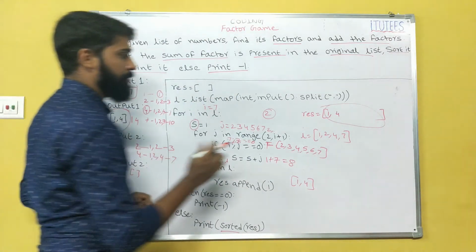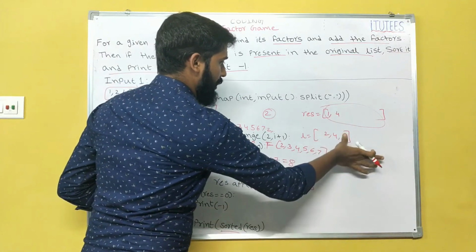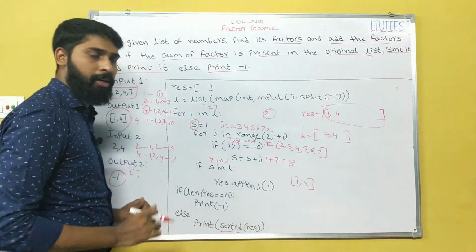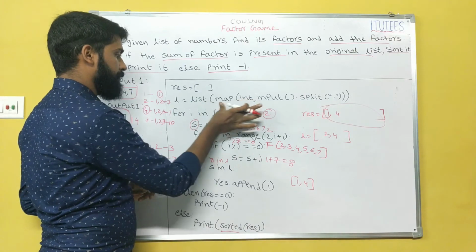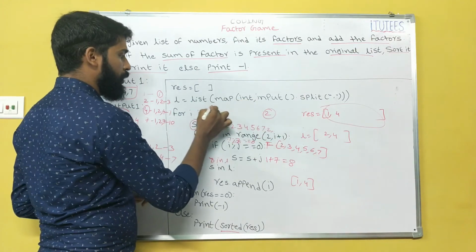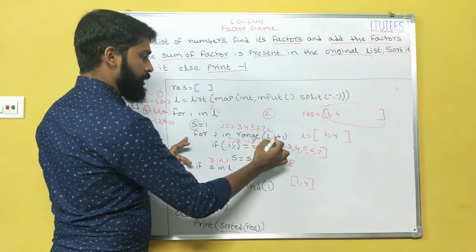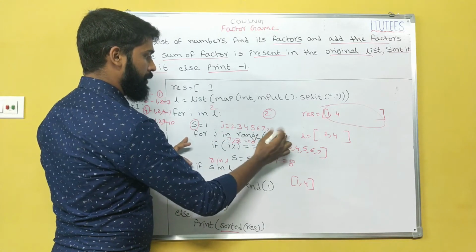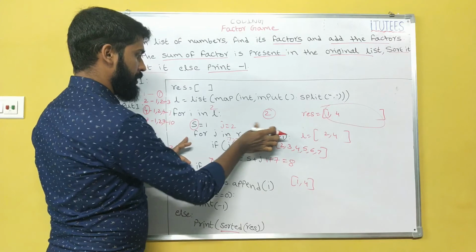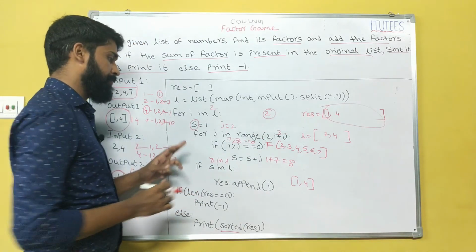Another input, 2, 4. The L value equals 2, 4. Now we can check this. I in L is 2. S equals 1. J in range 2 to 3, that means J equals 2.